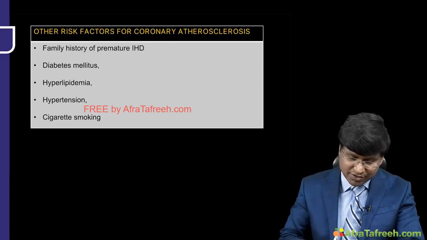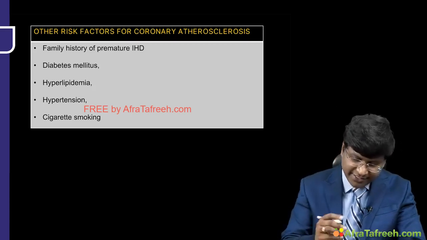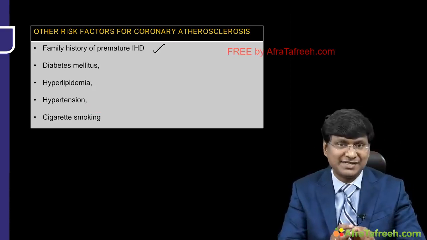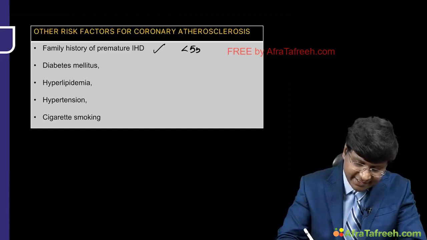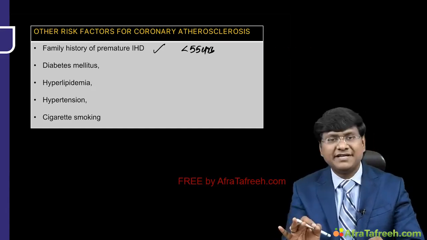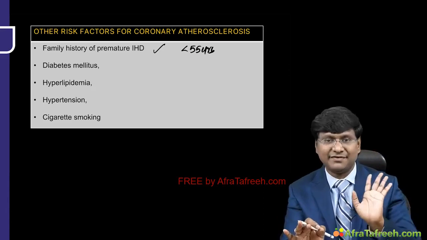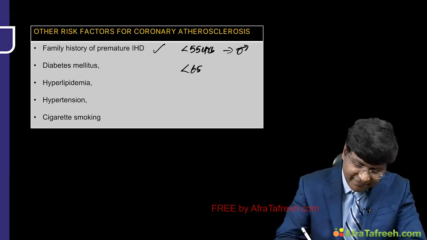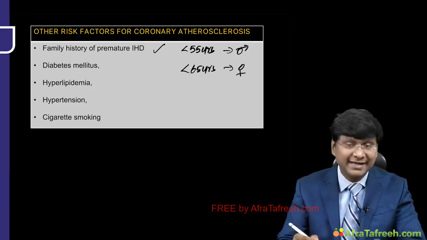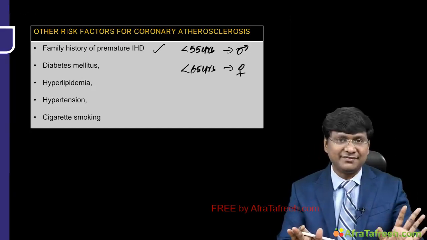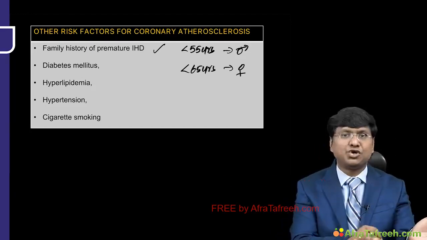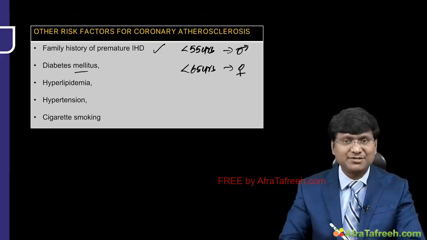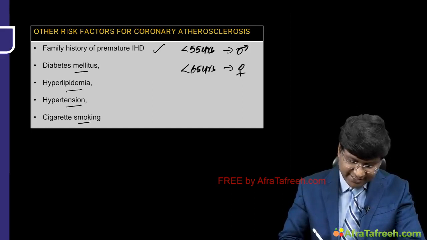Number one, family history of premature ischemic heart disease, that is, less than 55 years in a first degree male relative, or less than 65 years in a first degree female relative. That is the family history of premature ischemic heart disease. Next, presence of diabetes mellitus, dyslipidemia, hypertension, and cigarette smoking.